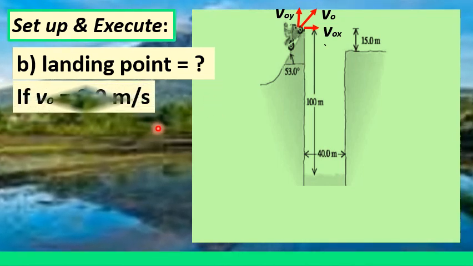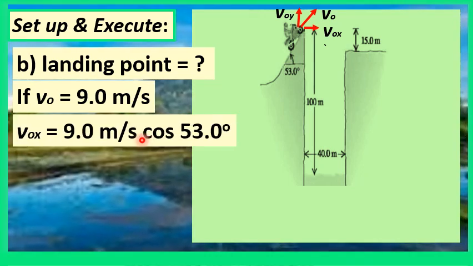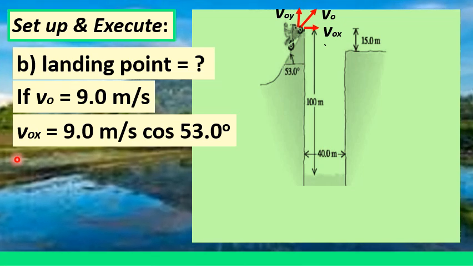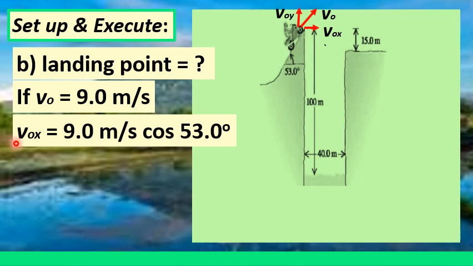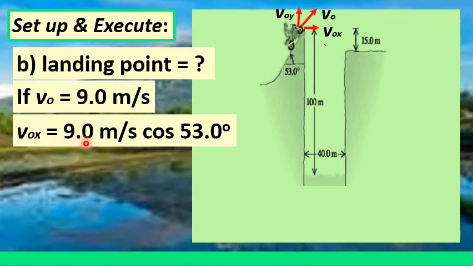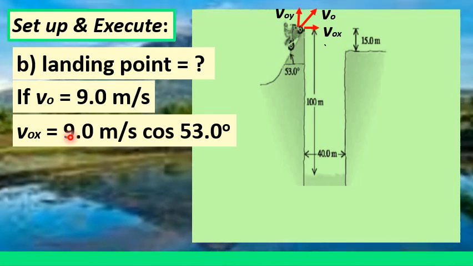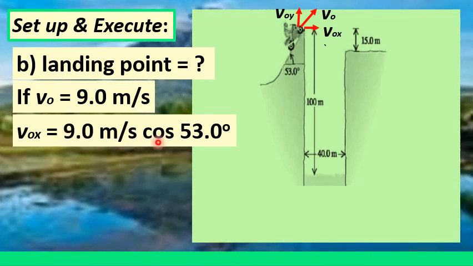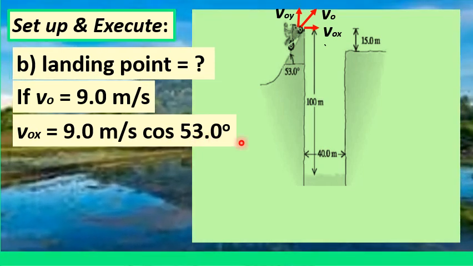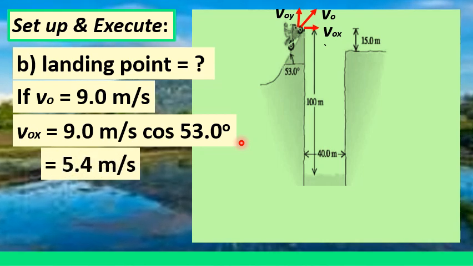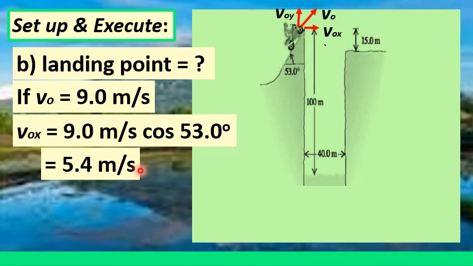So, just like in part A, we determine the x component labeled as v naught x, which is just the product of v naught 9.0 meters per second and the cosine value of the angle 53.0 degrees, right? So when we do our math, that's equal to 5.4 meters per second.